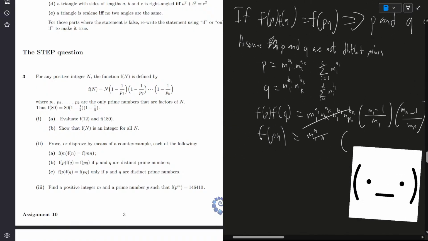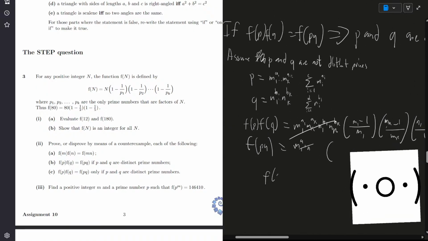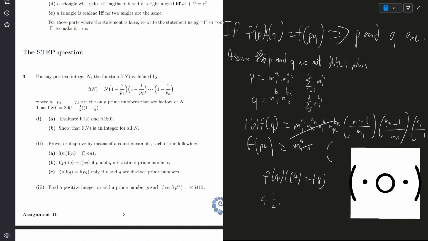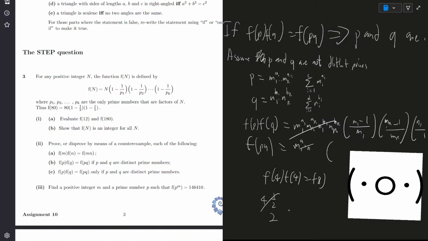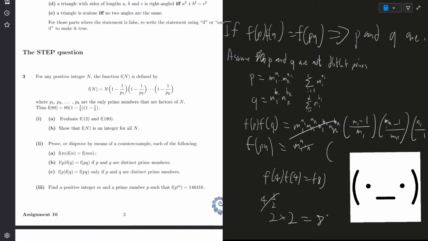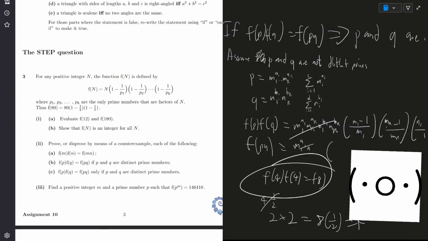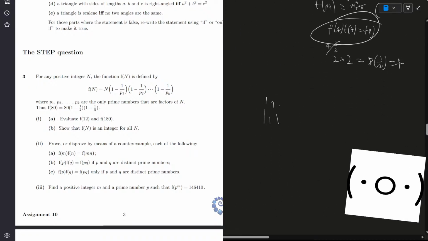Okay, I have an inkling. What about F4? F4 equals F8. F4 is 4 divided by 2, so F4 equals 2, so that's 2 times 2. 8, 1 half. Yep, okay, counterexample. Ta-da! God, what an irritating question.